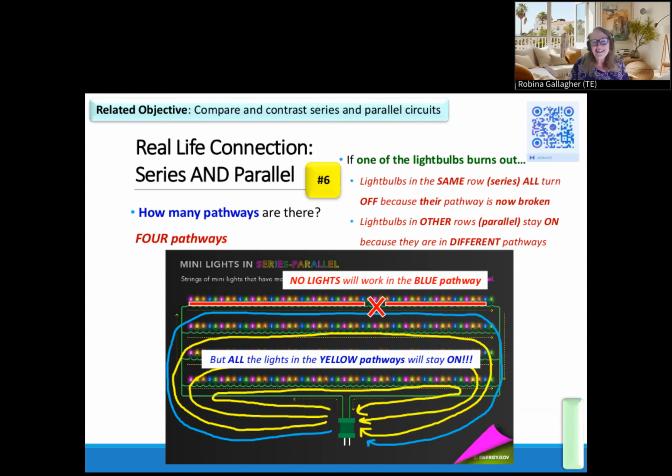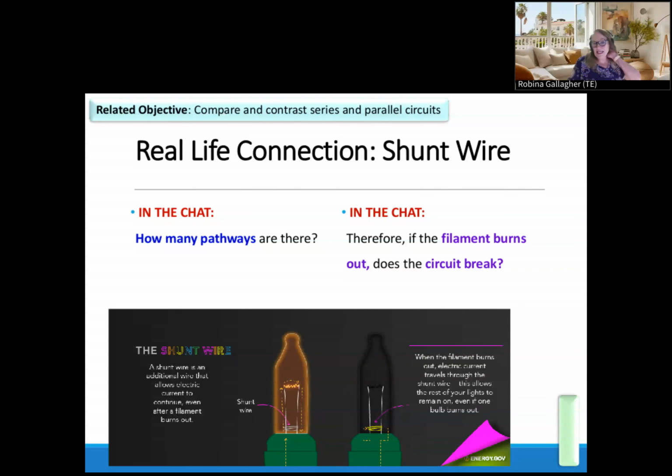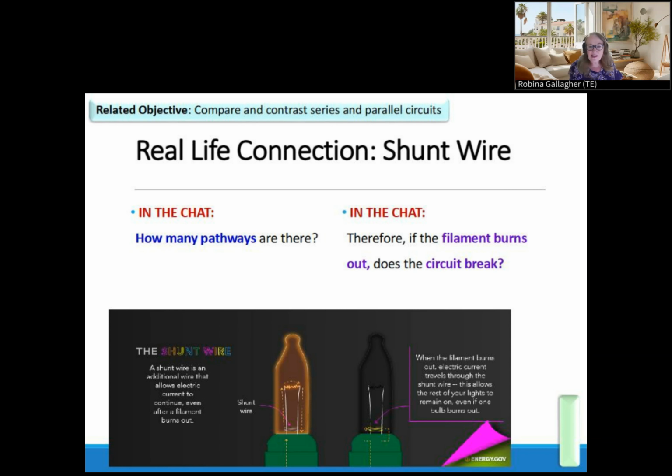Thank you, Glenn. Fabulous. Awesome. Okay, now there is another type of incandescent light with a little bit of a trick, and this is called a shunt wire. A shunt wire actually has a second thin wire underneath the filament.